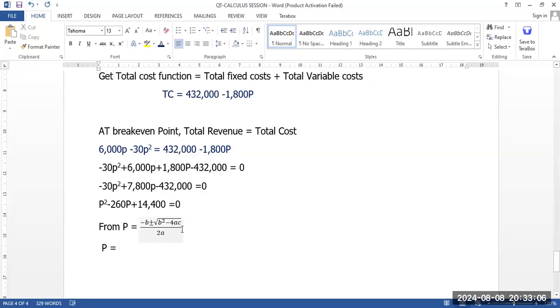You substitute, because here A is equal to the figure that is here, which is 1.